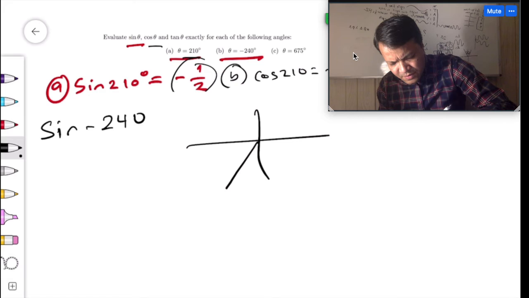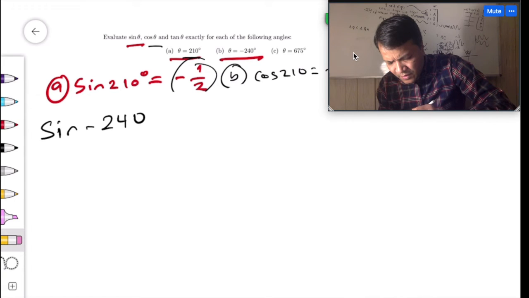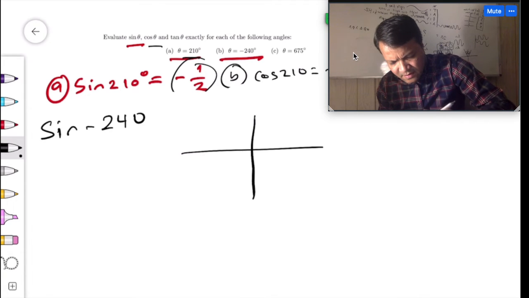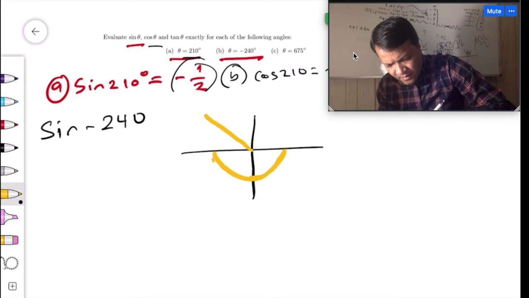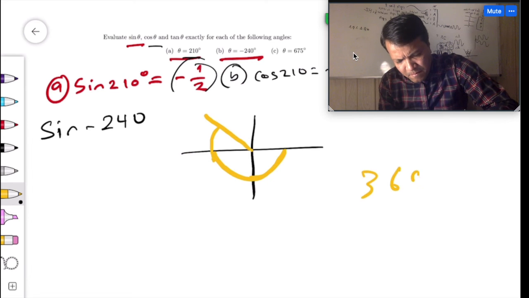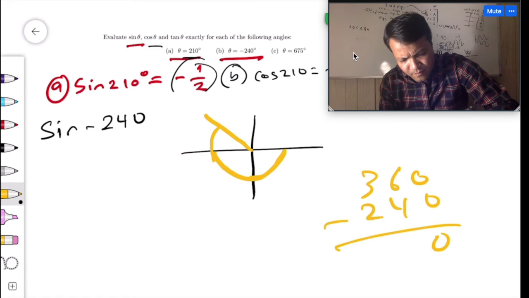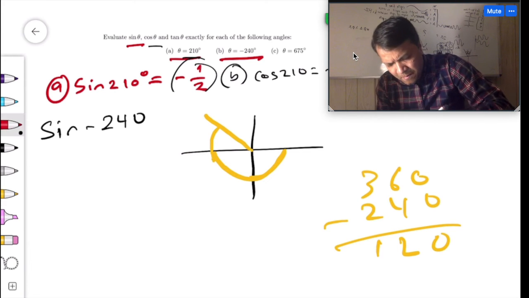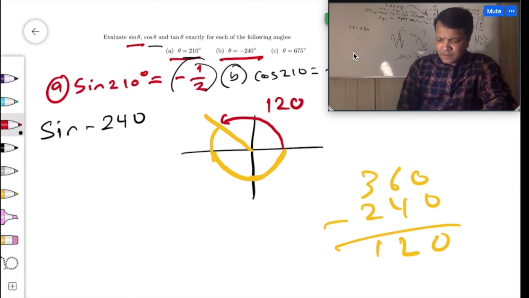Be careful, negative 240, so we have to come from the opposite direction. This is negative 90, this is negative 180, this is negative 240. So 360 minus 240 is 120.